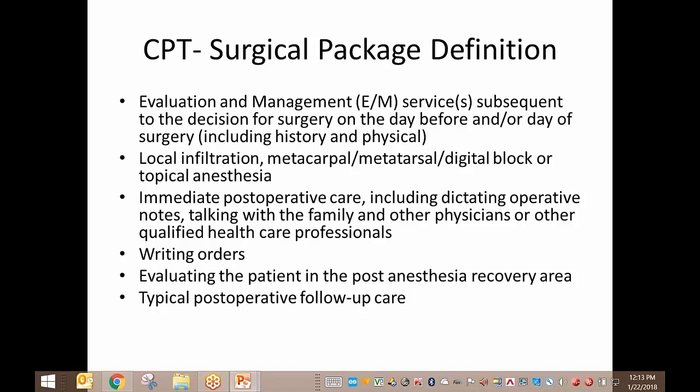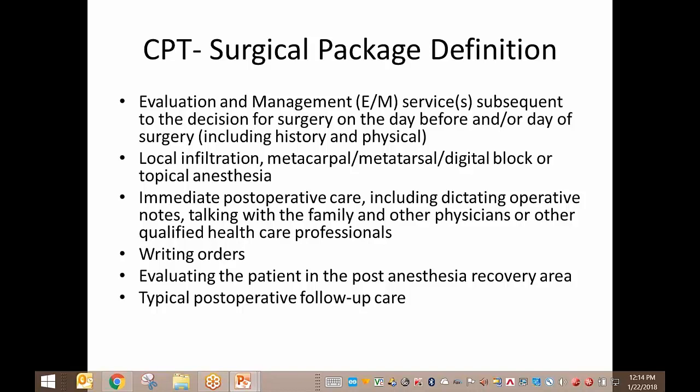But as far as commercial insurances, I don't know of anyone who isn't following the CMS definition of minor or major procedures. However, when you look at the CPT definition of post-operative period, it just says at the bottom, the typical post-operative follow-up care. They don't give you any specific number of days or what that could mean.